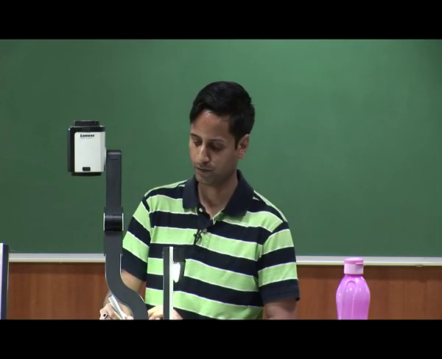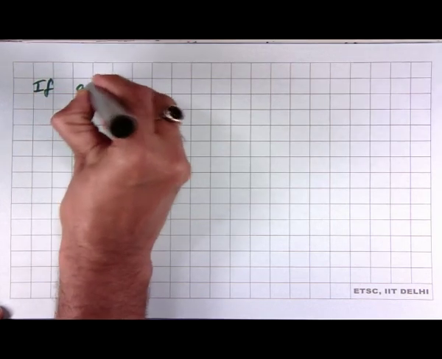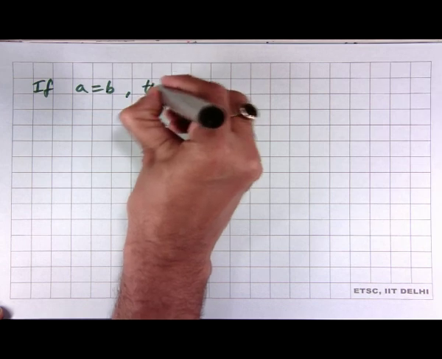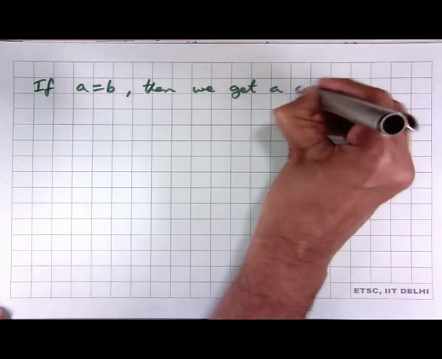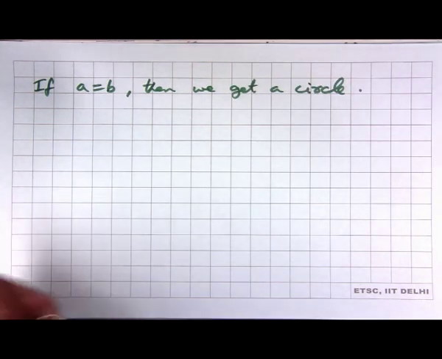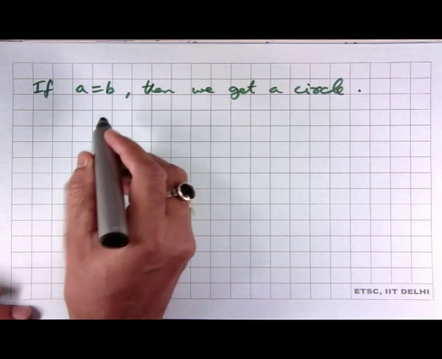Also, if a is equal to b, then we get a circle. So, circle is a special case of ellipse in which the major axis and minor axis are of the same length.